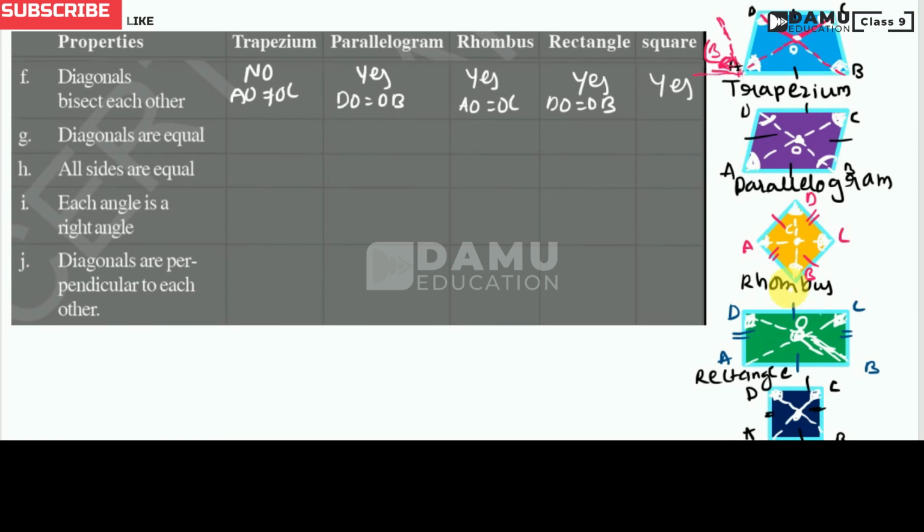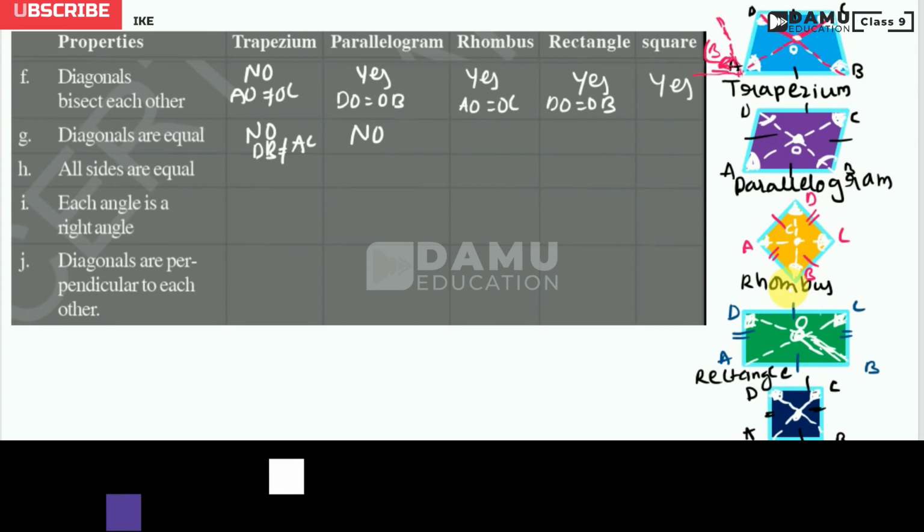Next, diagonals are equal. In trapezium, as we know, there is no equal. So for this the diagonals are not equal, DB is not equal to AC. For parallelogram also the diagonals are not equal.